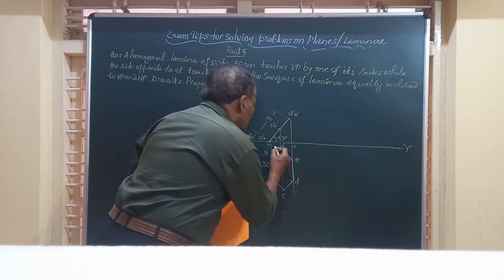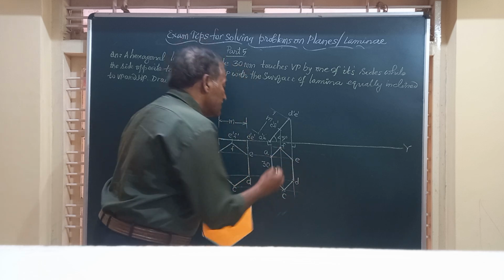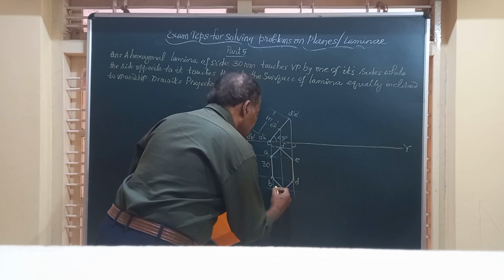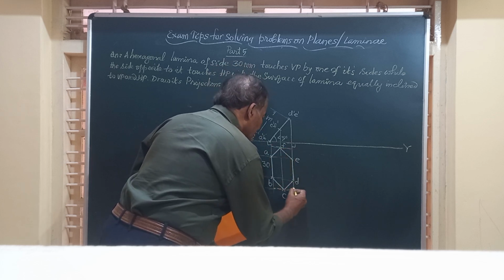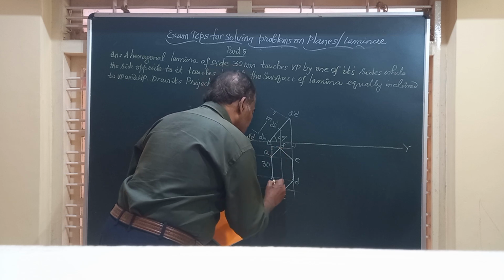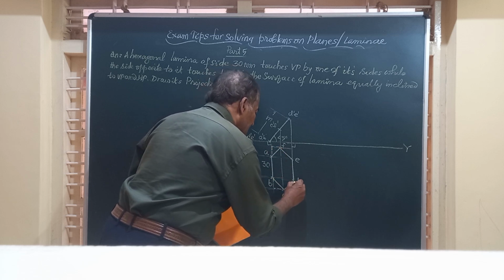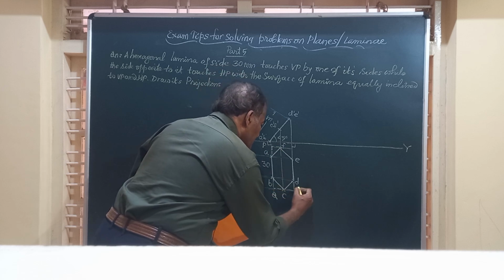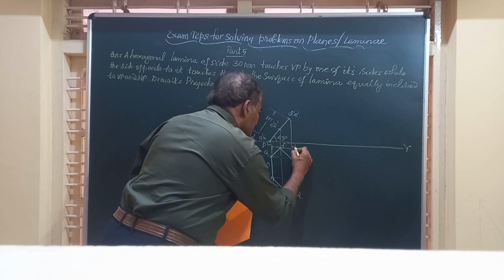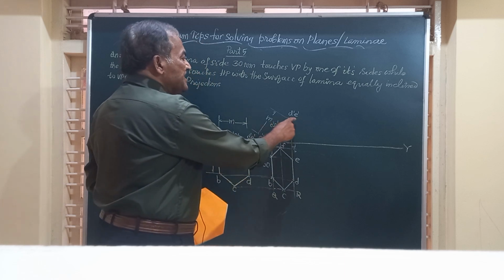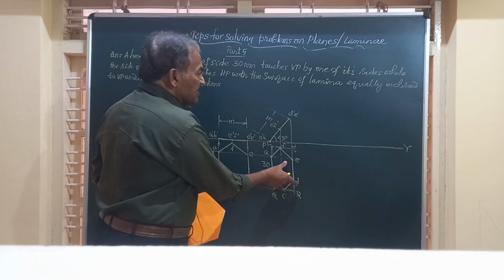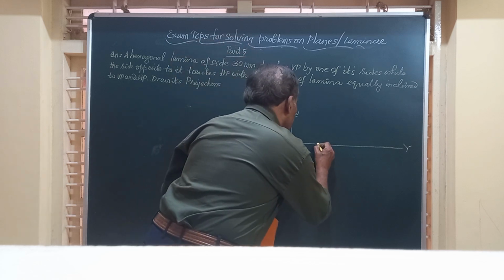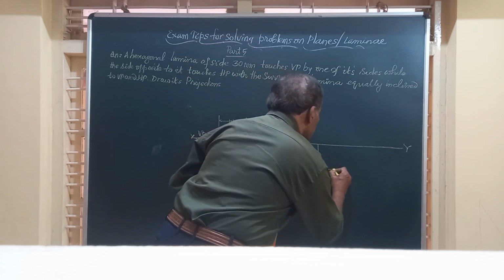So friends, I have to redraw this figure ABCDEF by enclosing this in a rectangular box. We'll call it PQRS, such that this side ED should be on XY. That means this box I am going to reproduce here.